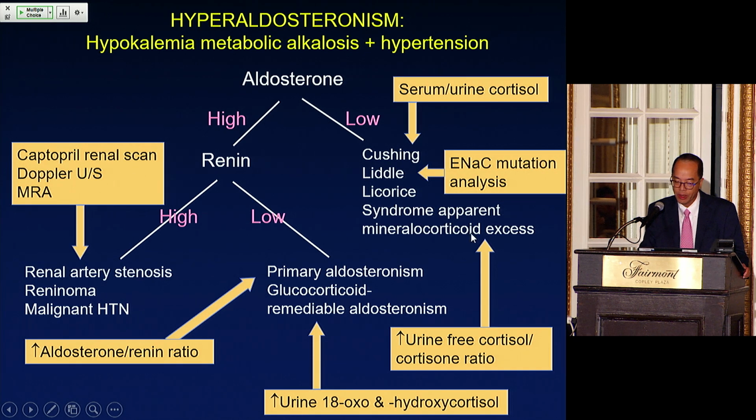Licorice syndrome and syndrome of apparent mineralocorticoid excess are conditions where the enzyme that normally metabolizes cortisol to cortisone is inhibited or mutated. So urine free cortisol to cortisone ratios are elevated. Liddle syndrome, if you really want to diagnose it, you'd need to send ENaC mutation analysis, and Cushing's, you would measure cortisol levels.